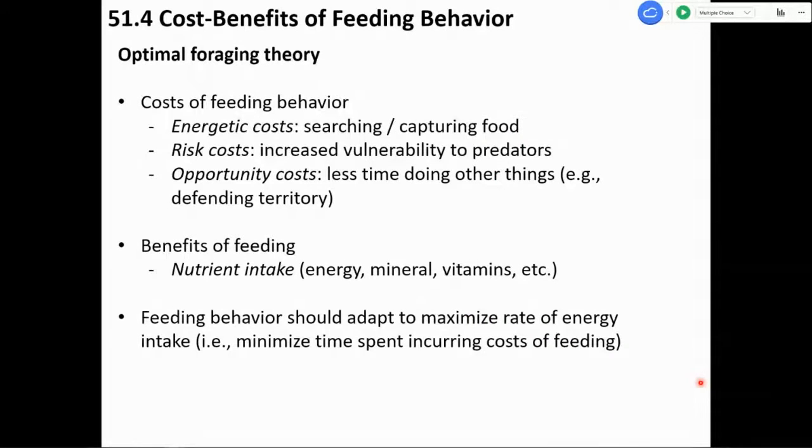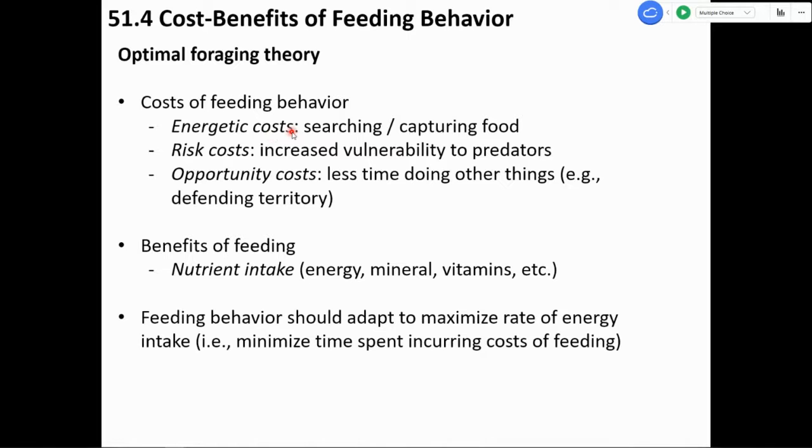Another example of this is so-called optimal foraging theory. What is the best way that you can accumulate food? A lot of these experiments have been done on fish with optimal foraging theory. When you are out feeding, feeding behavior has certain costs.